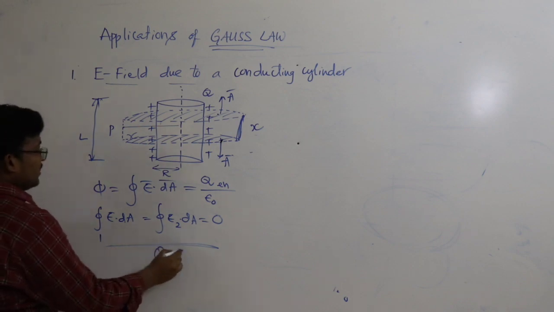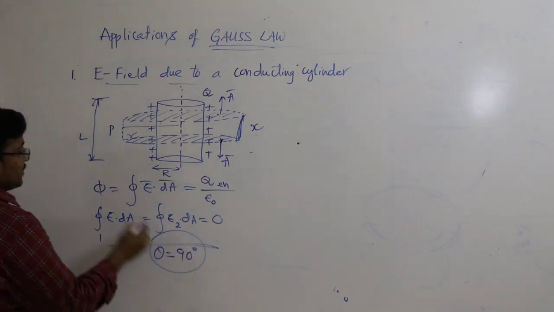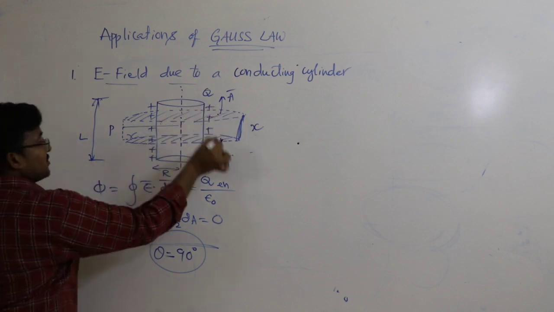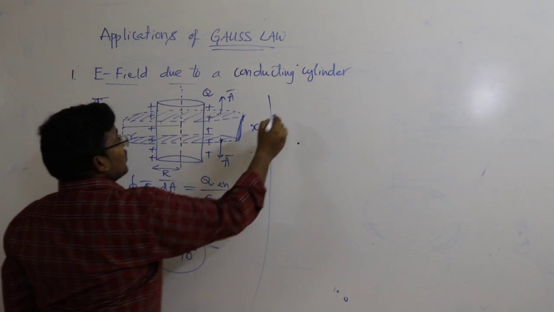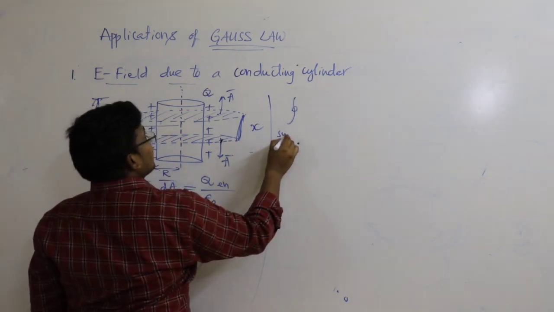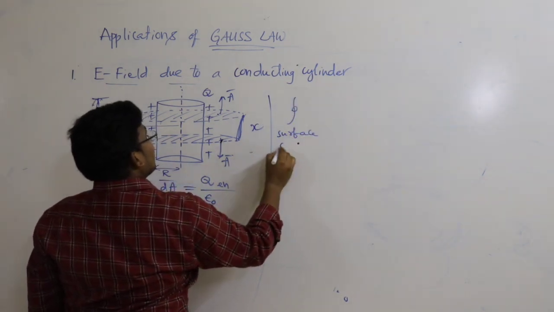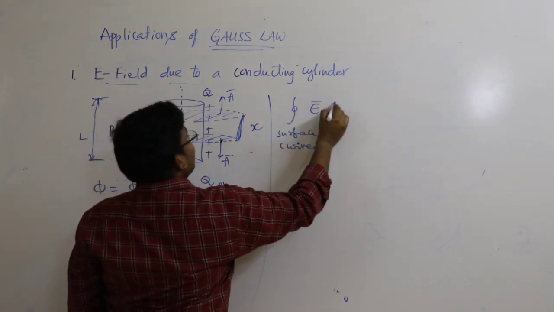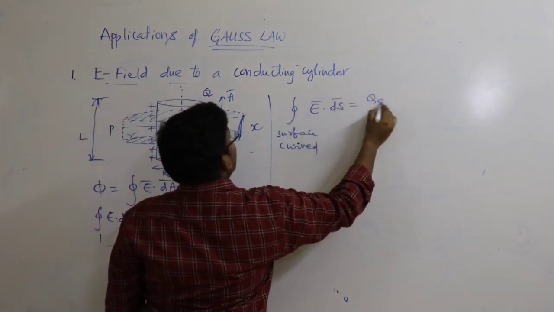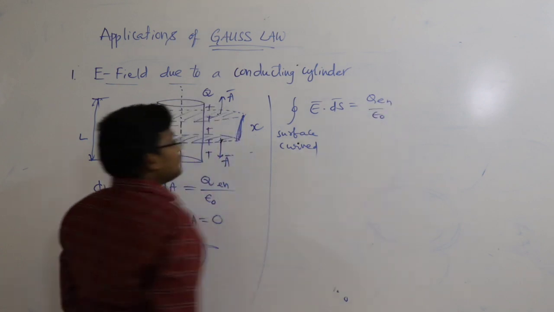So first surface, second surface flux is 0. Now what about the third? The integral due to the curved surface, E bar dot dS, is equal to charge enclosed by epsilon naught.